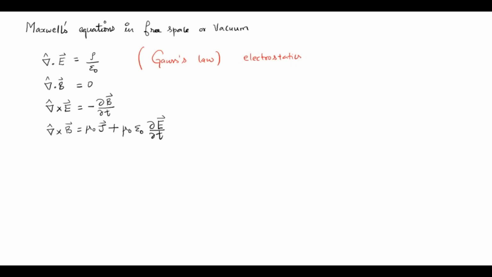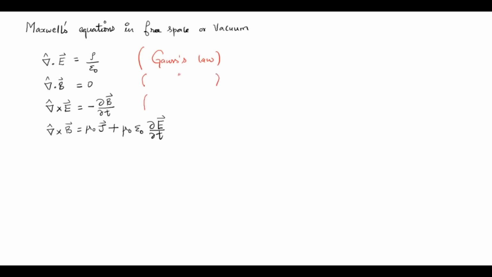So this is the famous Gauss's law. The next one, del dot B is equal to 0, is true both in electrostatics and electrodynamics. This is similar to Gauss's law in magnetism, so this is also called Gauss's law.